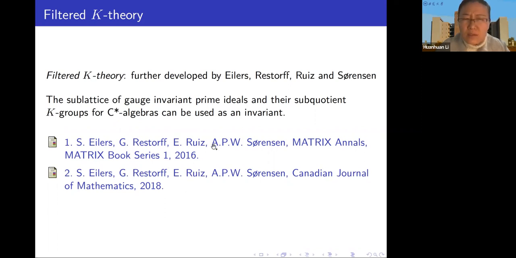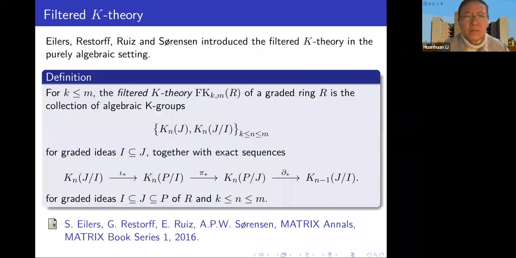The first one, I think, is about the algebraic part of filtered K-theory. The second one is about filtered K-theory of C-star algebras. They also give the filtered K-theory in the purely algebraic setting. The definition is exactly the following.